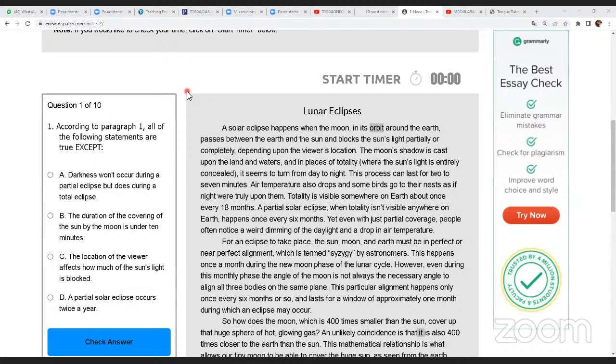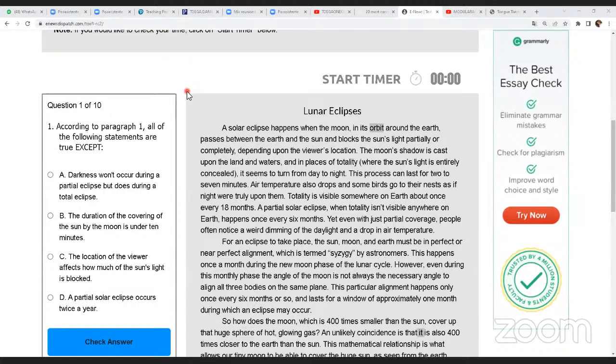This process can last for 2 to 7 minutes. Air temperature also drops, and some birds go to their nests as if night were truly upon them. Totality is visible somewhere on Earth about once every 18 months.